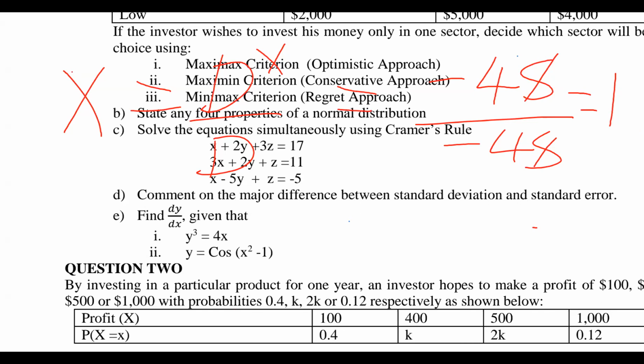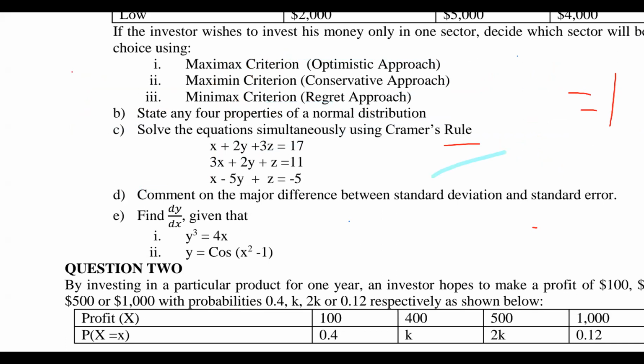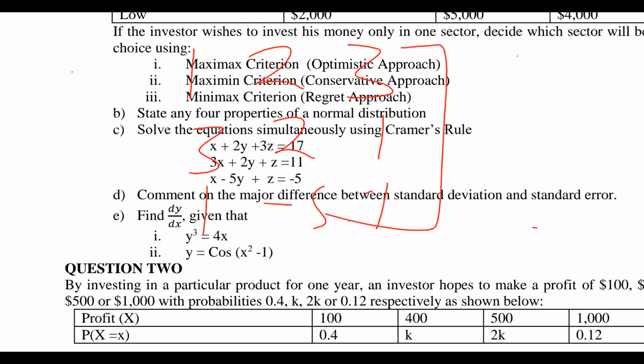Okay, very good. And so to find y as well, you do the same thing. It's only that you change where there is y. You come up again to the matrix. The main matrix is 1, 2, 3, 3, 2, 1, 1, negative 5, and 1, like that.